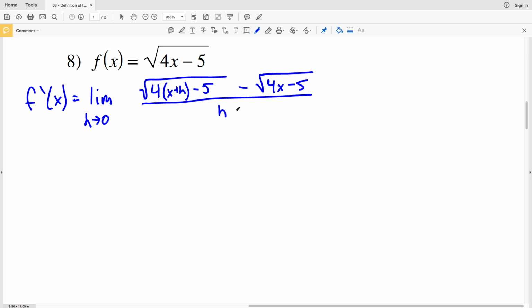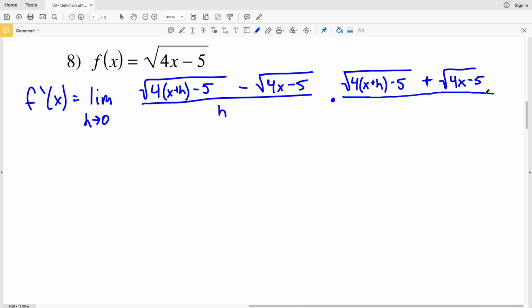Now, how I'm going to simplify this is I'm going to multiply by the conjugate over the conjugate, and that's the conjugate of that numerator. So I'm going to multiply by the square root of 4 times x plus h minus 5 plus, because for the conjugate, as opposed to subtracting, I need to add the square root of 4x minus 5.